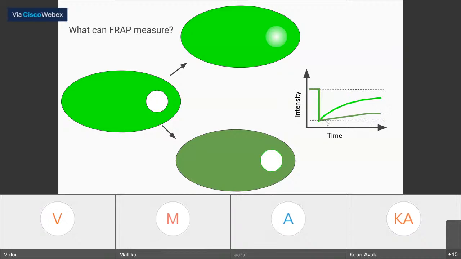So as can be seen here, by the time this graph starts to saturate, light green has, let's say, recovered by around 70 to 80%, but the dark green only recovers to 20 to 30%, which suggests that a lot of the molecules that are present within the cell are not capable of coming back to this particular compartment, either because it is bound by a membrane, or it could be a membraneless organelle, or it could be certain complexes that impede its movement. So, yeah, going on.